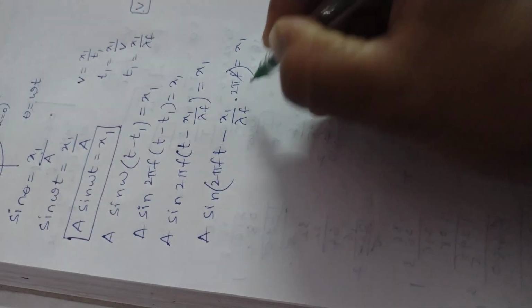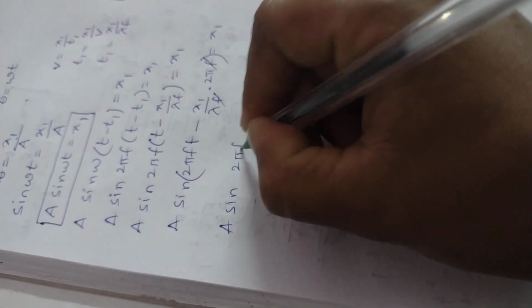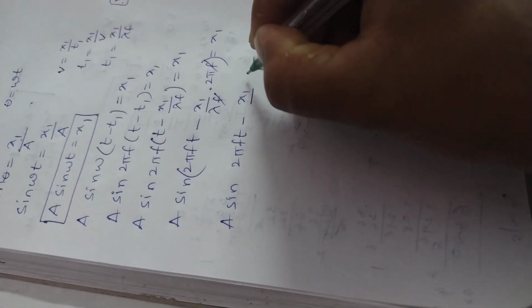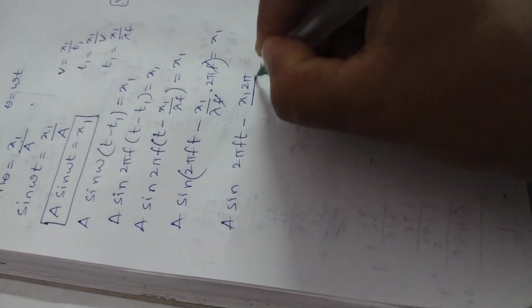Let us cancel f and f here. x1 equals A sin 2 pi f t minus x1 by lambda, times 2 pi.